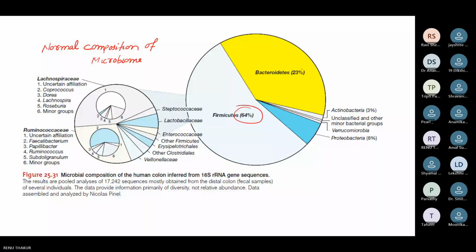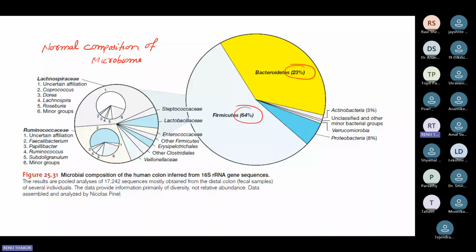Firmicutes are gram-positive bacteria, and they majorly include Bacillus species, Clostridium, and Lactobacillus. These are the major genera under the firmicutes.